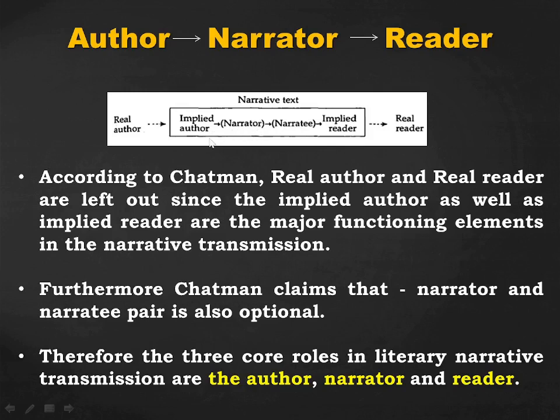His primary concern is on the transaction between the implied author and implied reader in the process of creation of meaning in a text. Therefore, the three core roles in literary narrative transmissions are the author, narrator, and the reader.